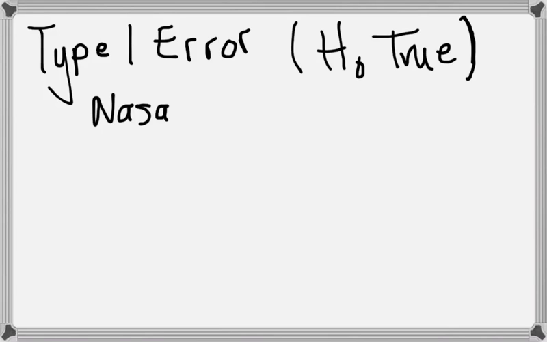And then type 2 is when H0 is false, but you think it's true and accept it. It's super easy to get these mixed up.